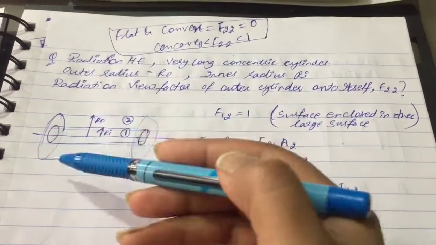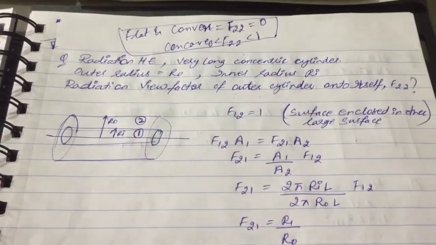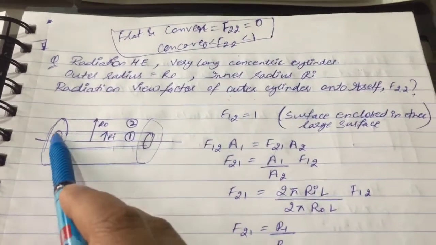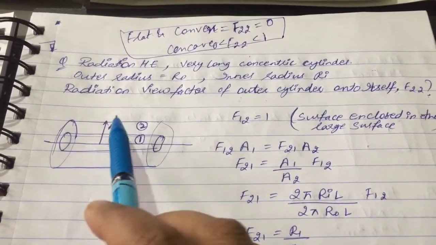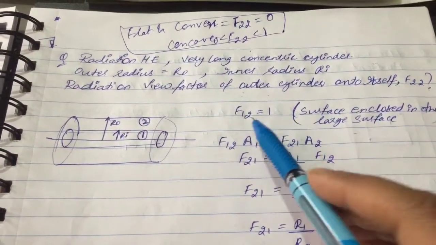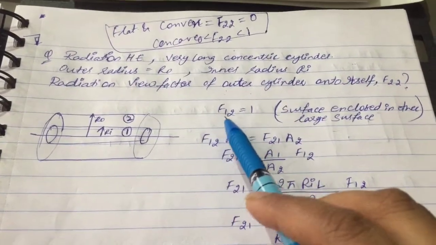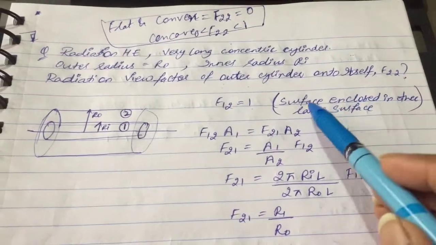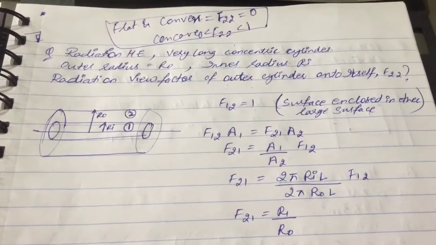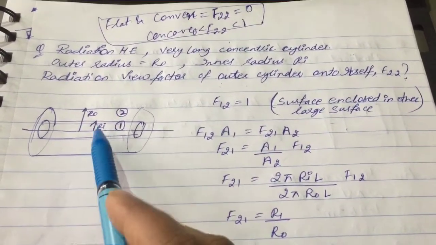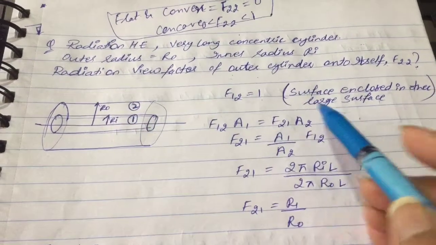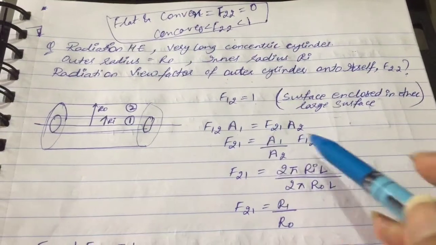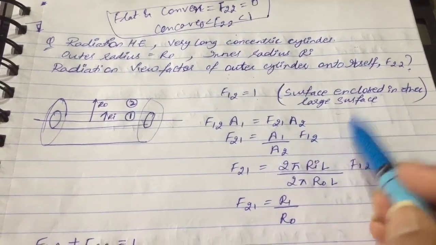So we have to find the view factor of the outer body onto itself. It is a concave surface on the outside, so we have to find its radiation onto itself, and the inner radius is given as ri and the outer radius as r0. We know that F12 is equal to 0 radiation, because the surface is enclosed in a large surface. From the reciprocity theorem, F12 into area 1 would be equal to F21 into area 2.